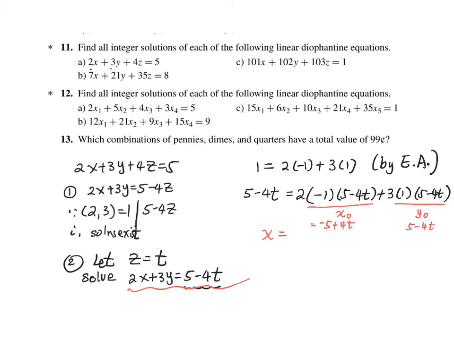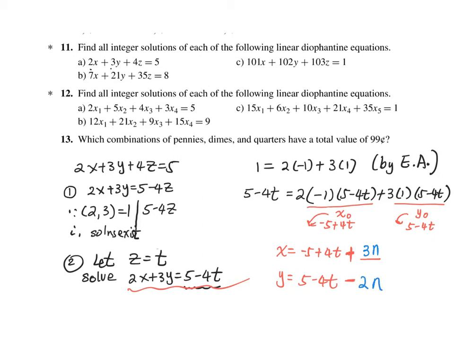So my x is equal to my x0 plus something, and for y, which is 5 minus 4t, I should subtract, so that I find my general solution. So here this is my x, so I need to add 3 times an arbitrary integer, so I'm going to write 3n. For y, when this is minus, I need to write 2n.